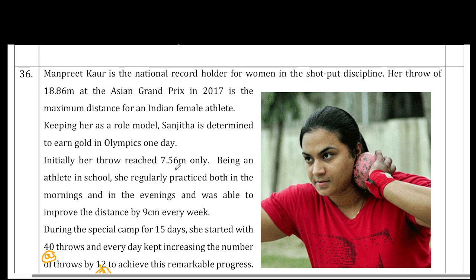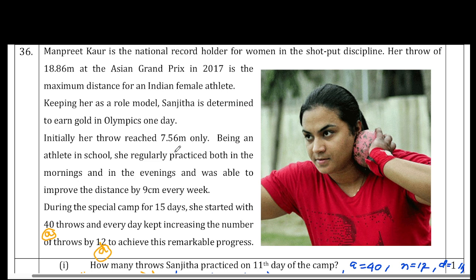Initially, her throw reached 7.56 meter only the first time. Being an athlete in school, she regularly practiced both in the morning and in the evening, and was able to improve the distance by 9 centimeter per week. So every week 9 centimeter, and initially 7.56.